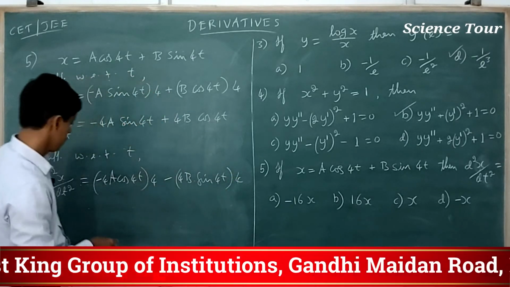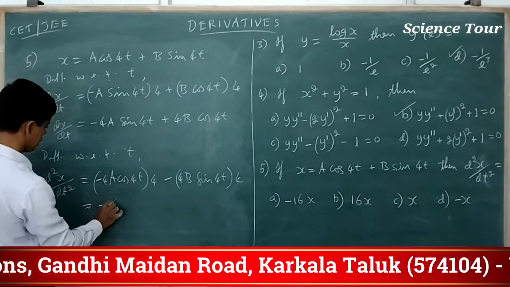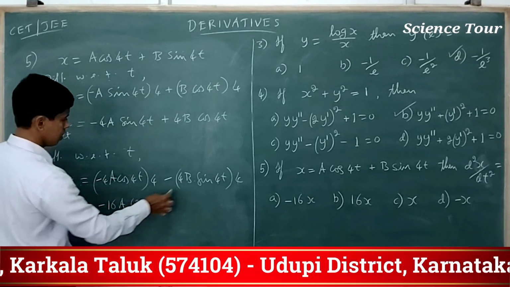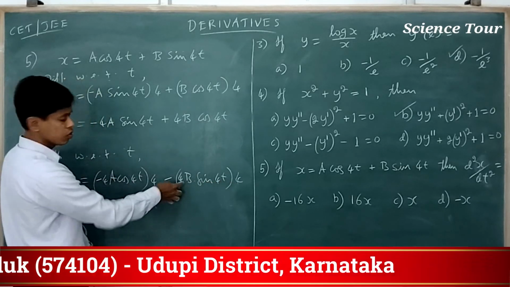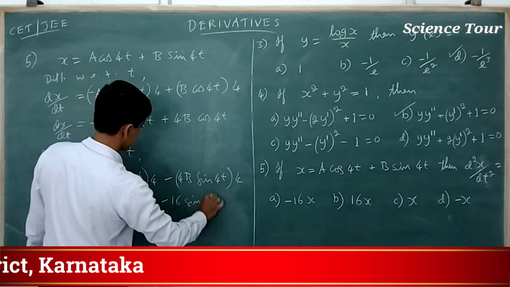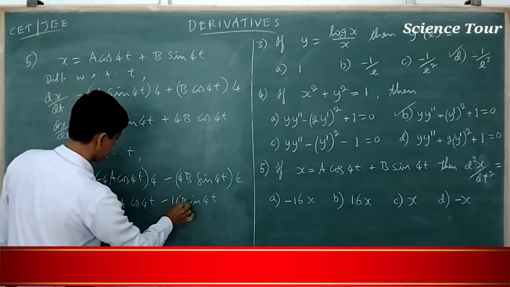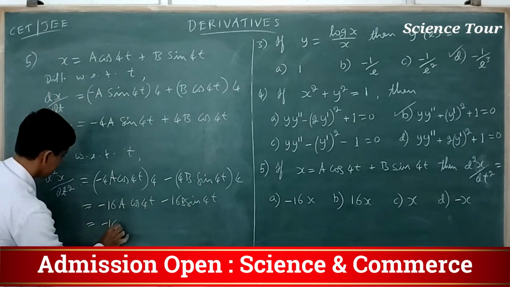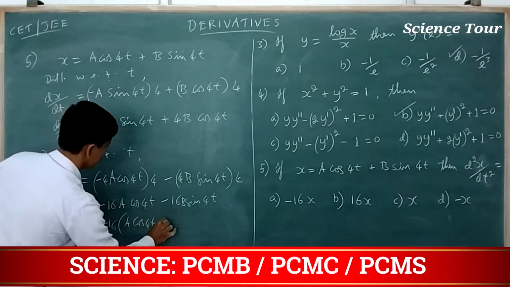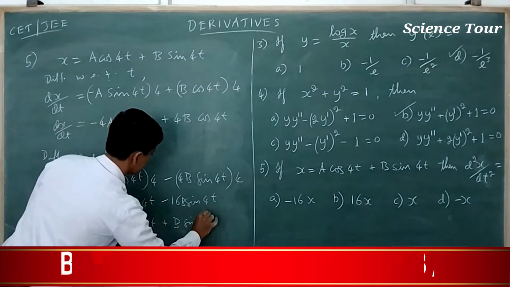So finally you have minus 16a cos 4t, and here 4 into 4 again, minus 16b sine 4t. Take minus 16 common, and you will have a cos 4t plus b sine 4t.